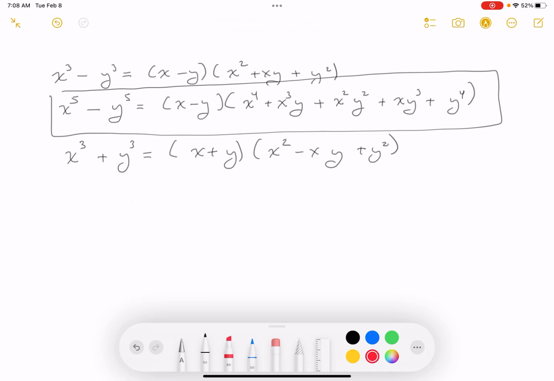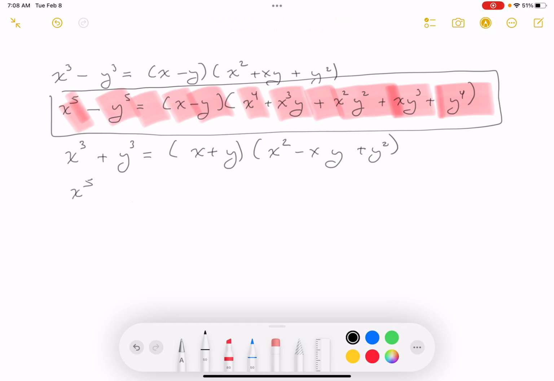If you're at all doubting this one, just multiply it out and make sure you get back what you want to get. Part of it is just verifying the truth. I'm going to write this pattern down for you too: x^5 plus y^5.